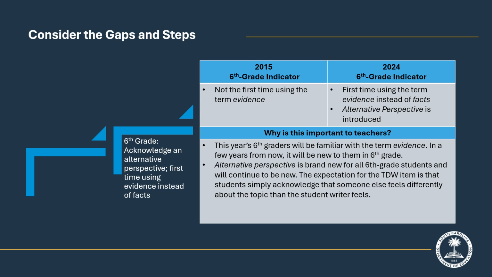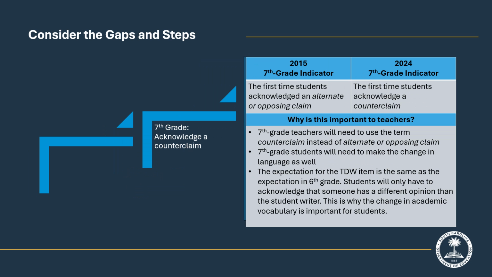The expectation for the TDW item is that students simply acknowledge that someone else feels differently about the topic than the student writer feels. In the 2024 indicators, 7th grade is the first time students acknowledge a counterclaim.